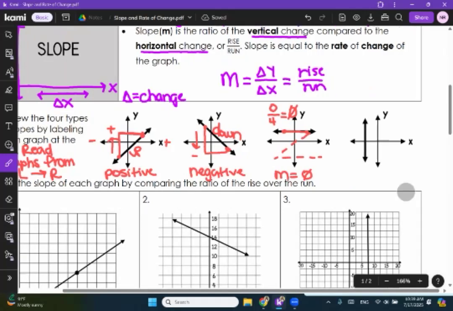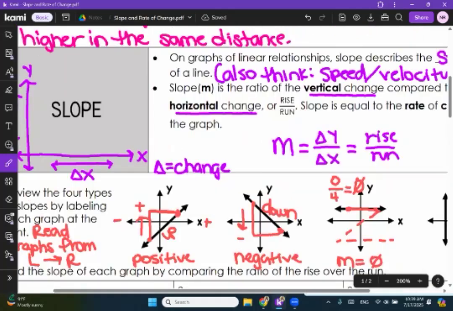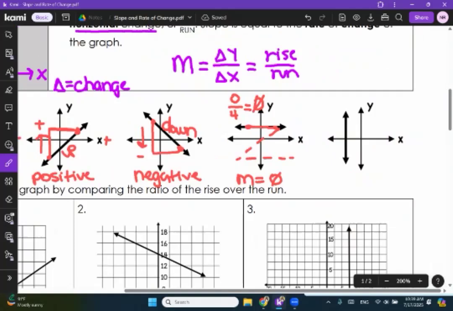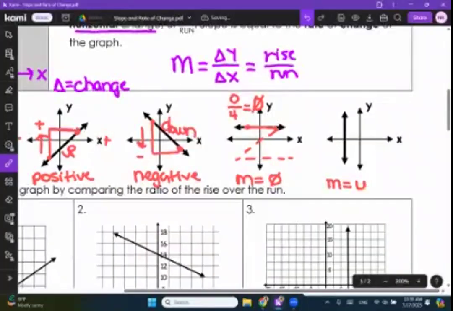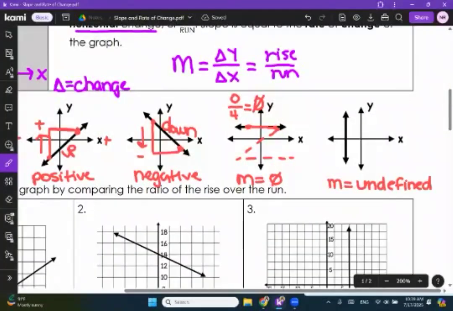And the last one over here at the end, we have a vertical line. Thinking back to yesterday's lesson, what is the slope of a vertical line? We know that it is undefined. With this slope, you can actually, in a weird way, turn it into a U for undefined.